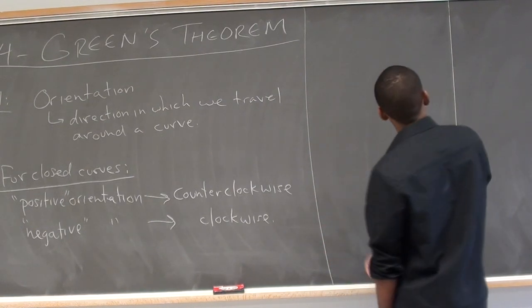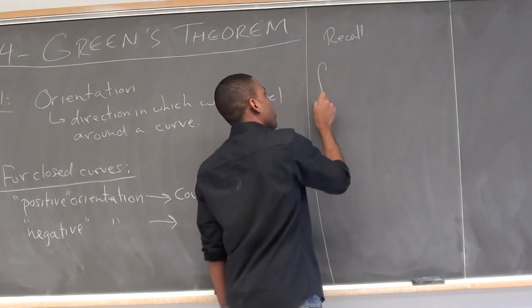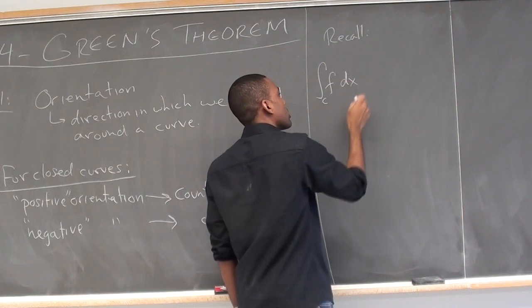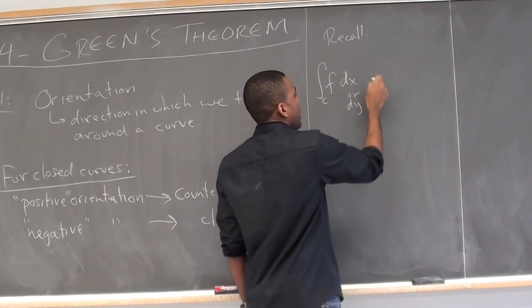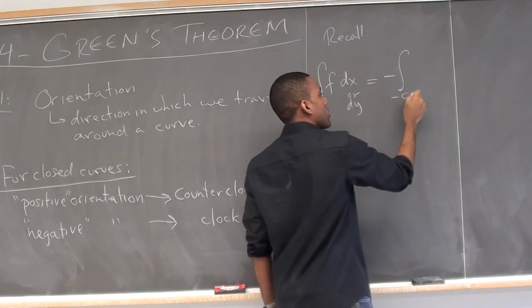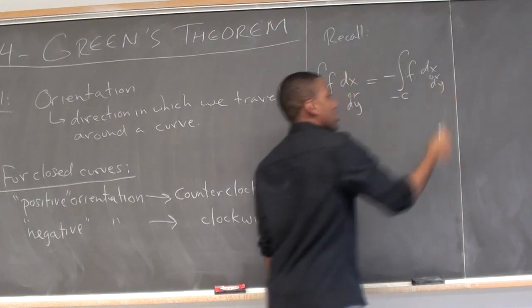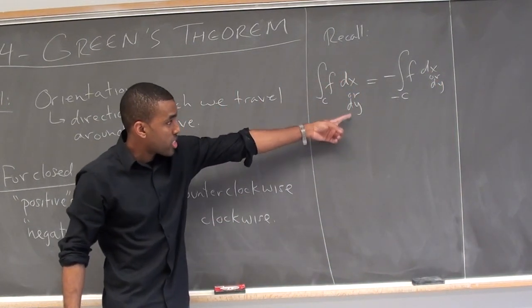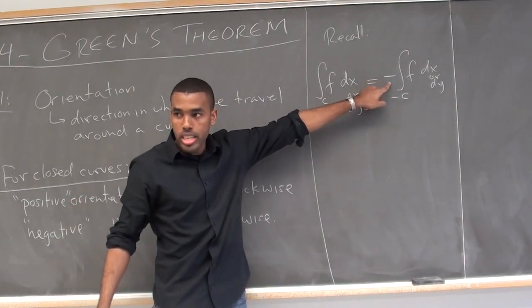Okay. So, for example, you should also recall that if you're doing a line integral of a scalar function with respect to x or y, then reversing the orientation gives the negative of the integral. So if you reverse the orientation, you negate the integral.